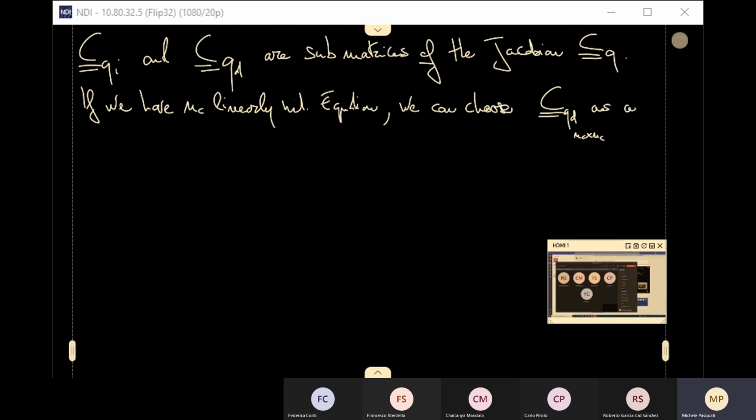Because we said that the Jacobian, in case of nc linearly independent equations, has a full row rank. So we can select the CQd, which is an nc times nc matrix, to be non-singular. Is this clear? Okay, non-singular matrix.